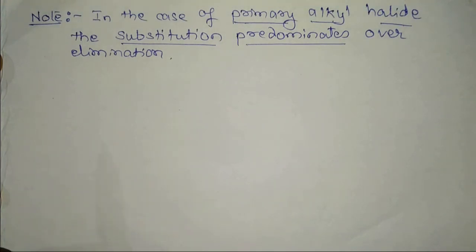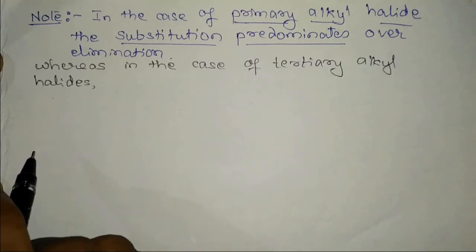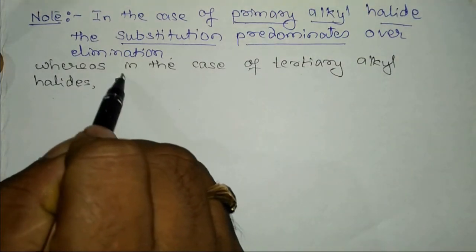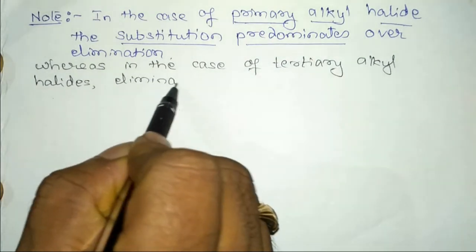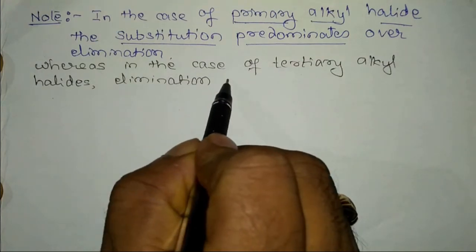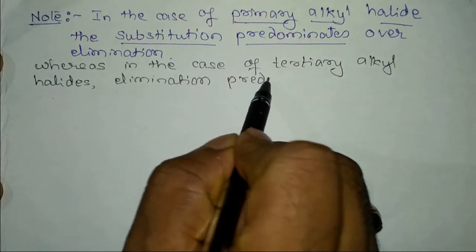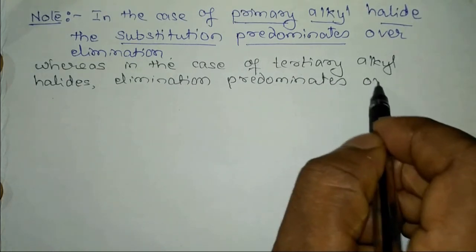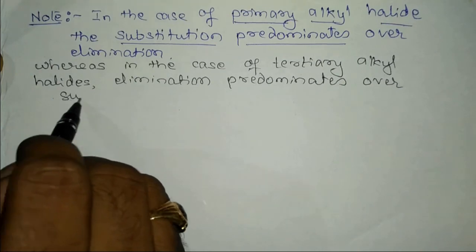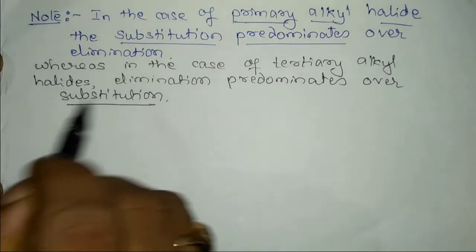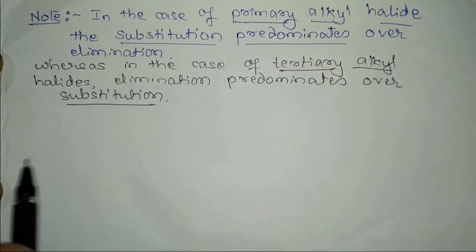If a tertiary alkyl halide is used, elimination predominates over substitution. Hence we will end with an alkene if a tertiary alkyl halide is used.